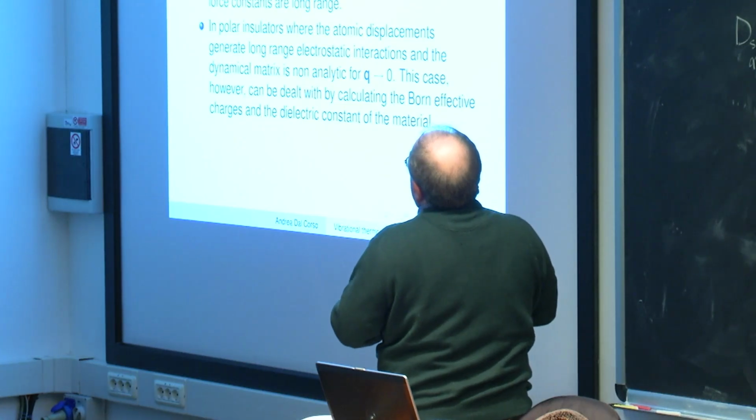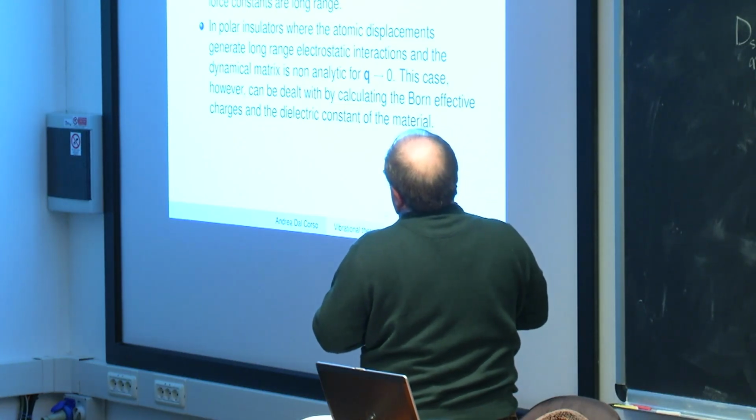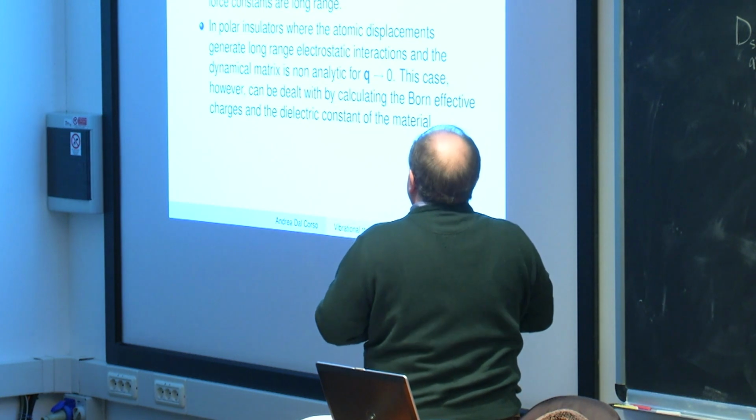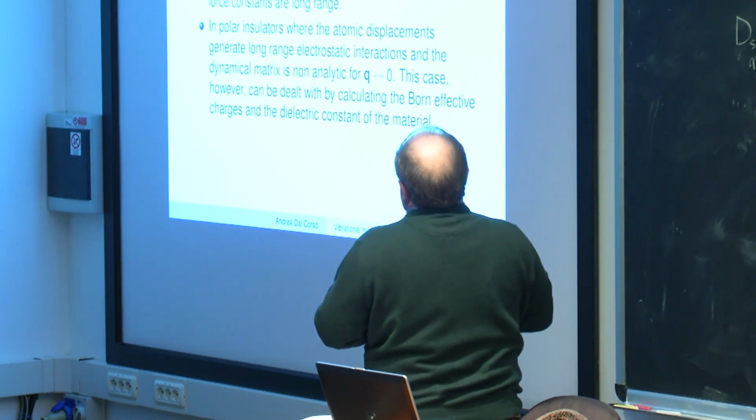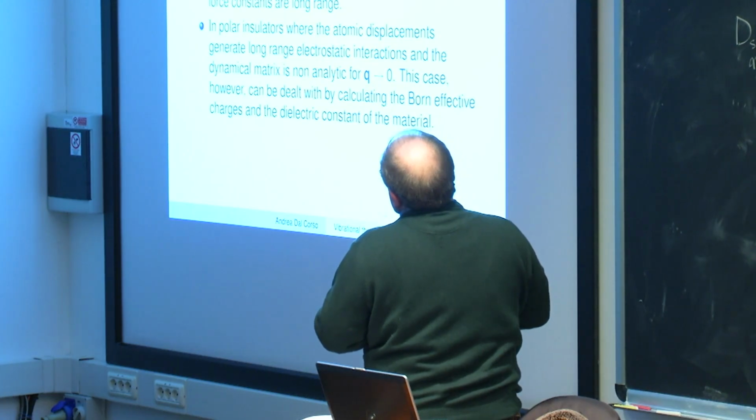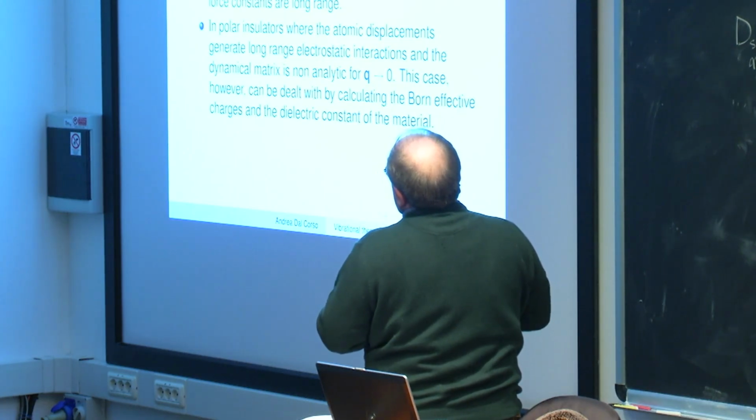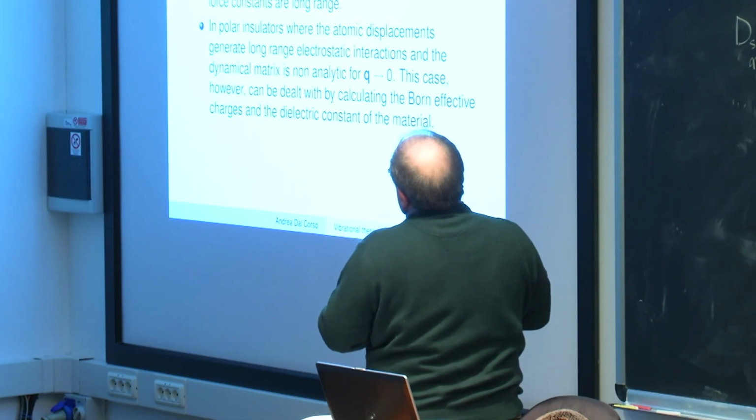And this happens in metals when there are Kohn anomalies. There is another case in which this does not work very well, if there is some non-analytic part in the dynamical matrix, and this happens in polar insulators when you have electrostatic interaction.